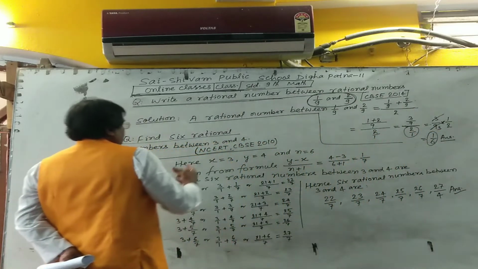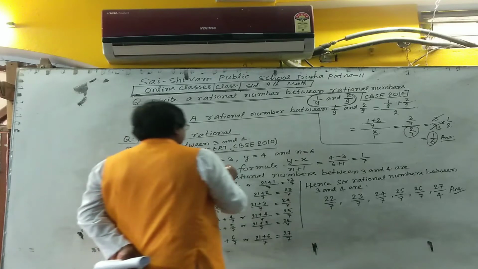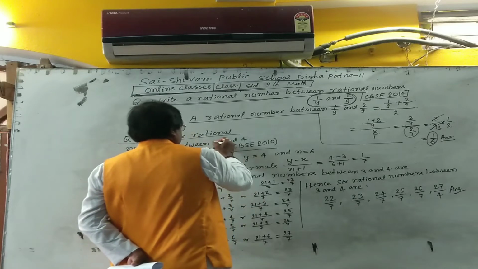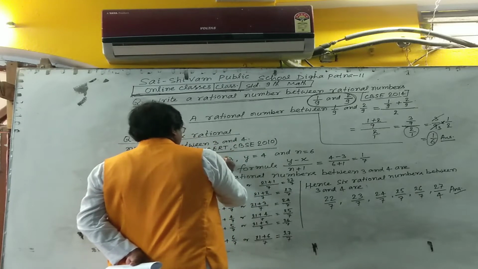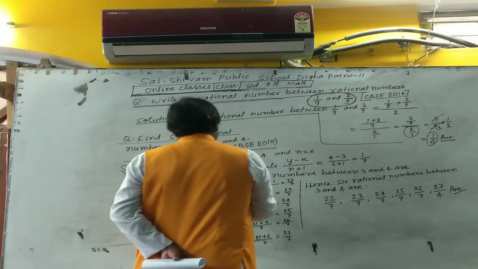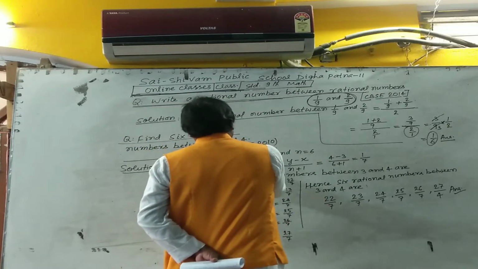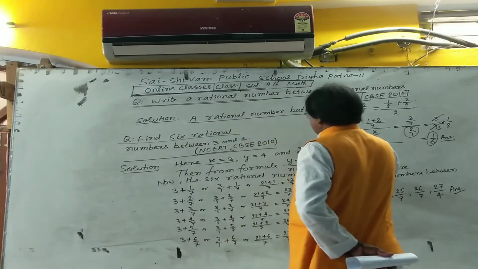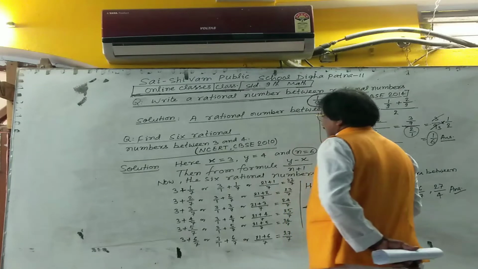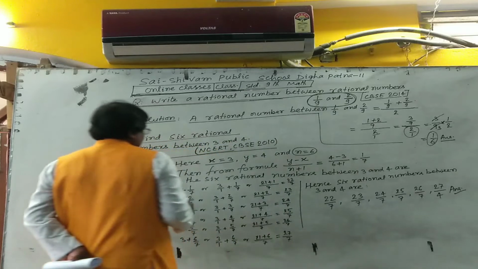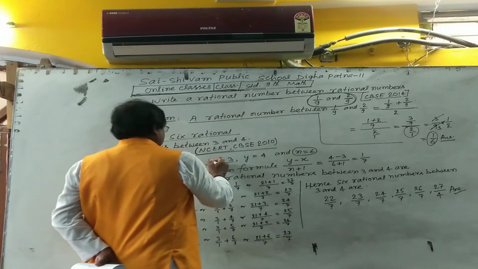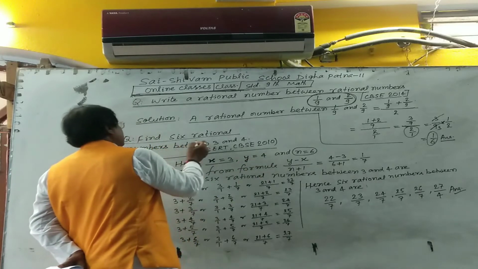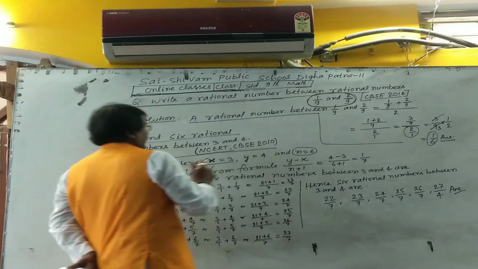So to solve these questions, we make x equal to 3, y equal to 4, and how many rational numbers you want to find is denoted by n. The first number is indicated by x, the second number by y, and how many rational numbers between them is denoted by n.